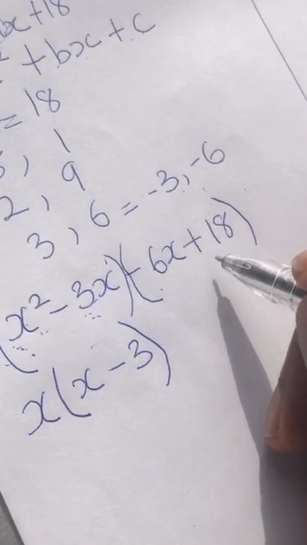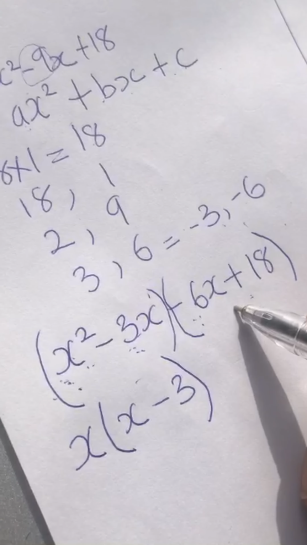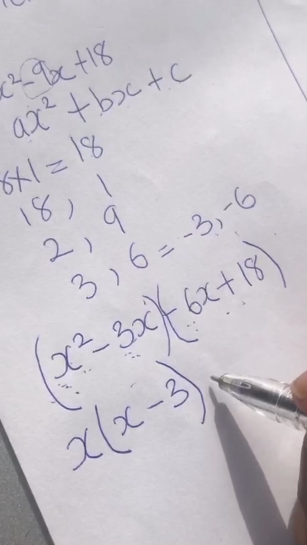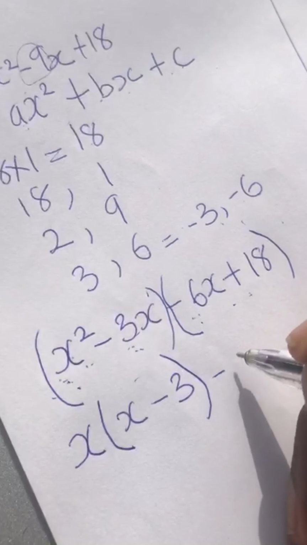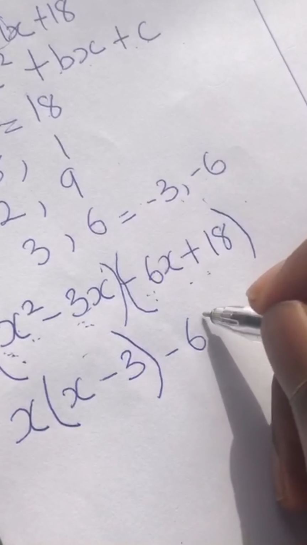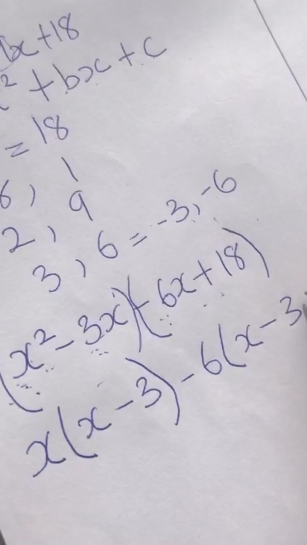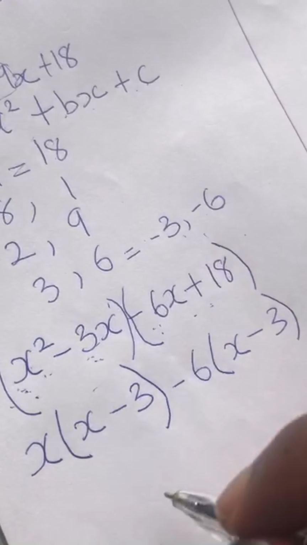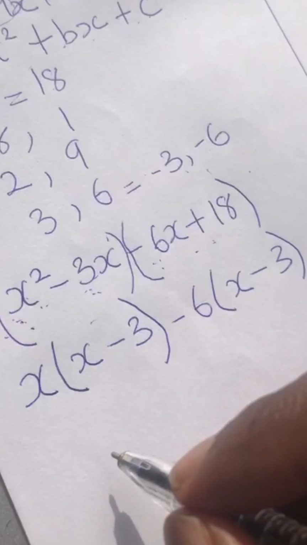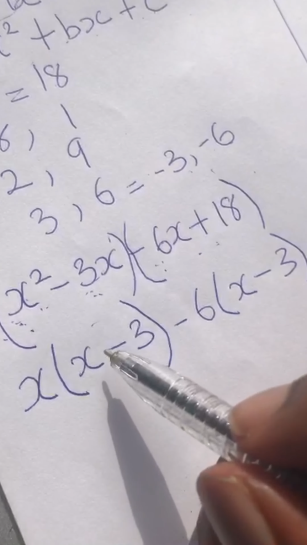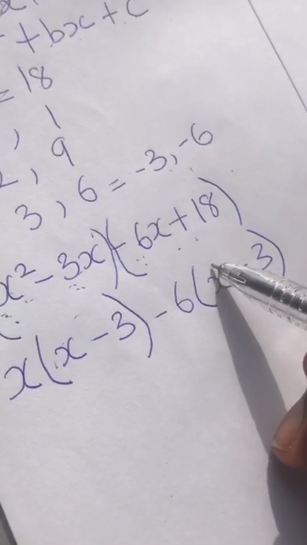And if we look here, what is common between these? What's the common factor? It is -6. So -6 times x minus 3. A good way to check at this stage if you are correct is that the expression in one bracket must match the expression in the other bracket.